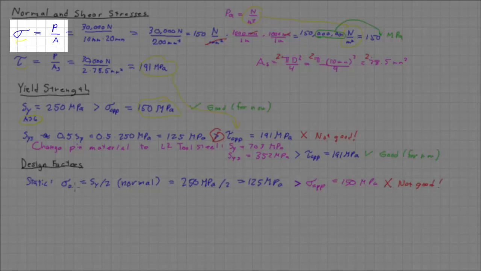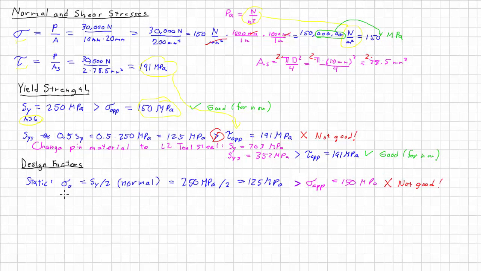So let's do that. We know that now we need a material that has a design stress of at least 150 megapascals. That's what we want, and that means we need a yield strength of twice that.